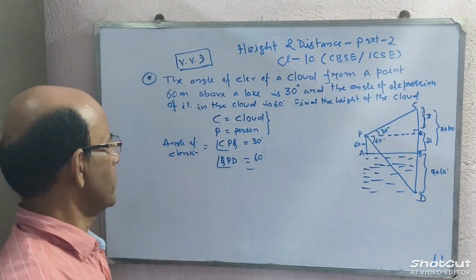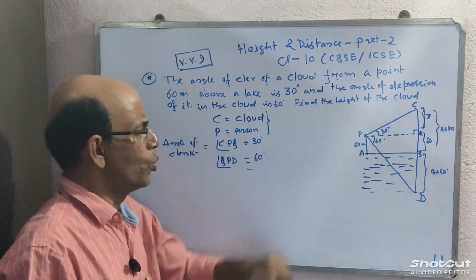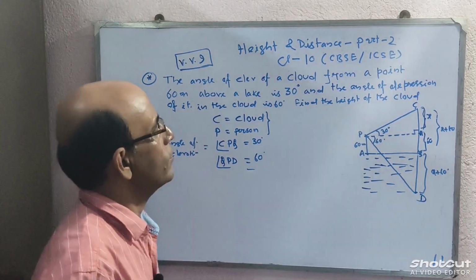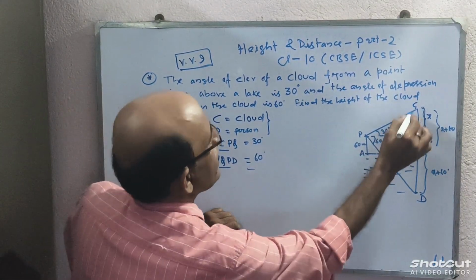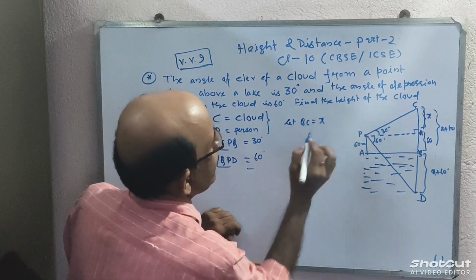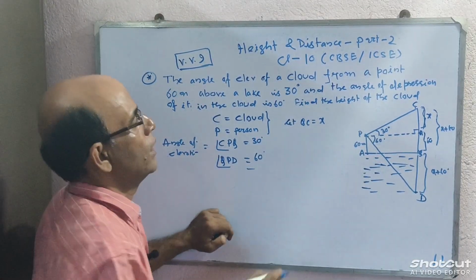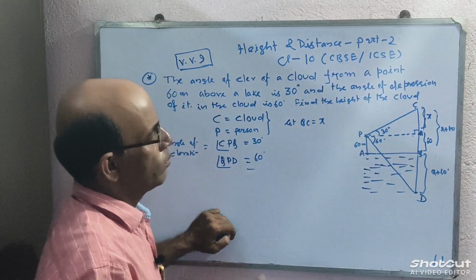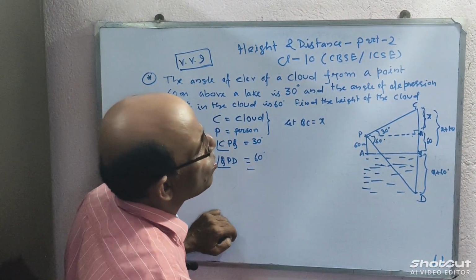You have to find the height of the cloud. Height of the cloud means this to this. Let QC is equal to x. Draw a perpendicular from P to CD.